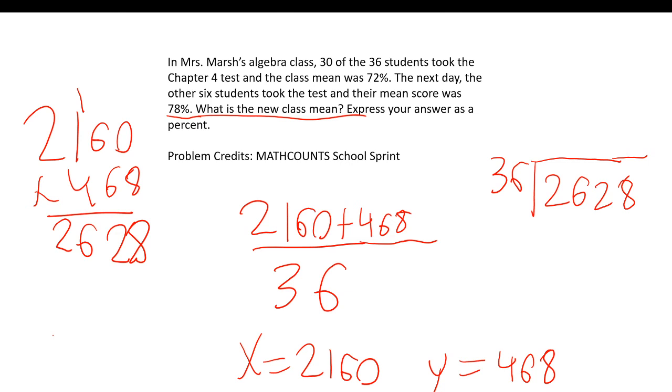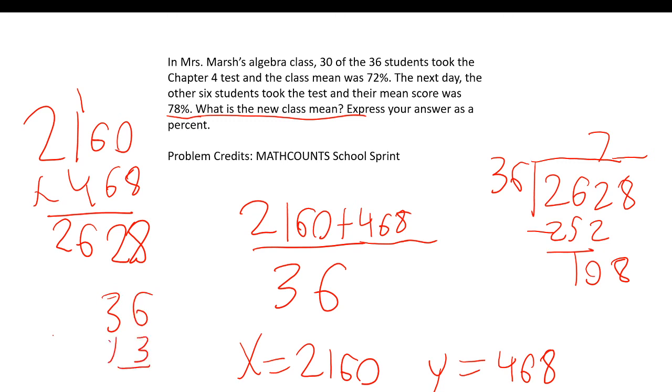Alright, let's divide it out. 36 times 7 is 252. We're left with 108. Now we have 108 divided by 36. We see that if we multiply by 3, we're going to have 8 over here. So let's try multiplying by 3. We just test 3. 6 times 3 is 18. 3 times 3 is 9, plus 1 is 10.